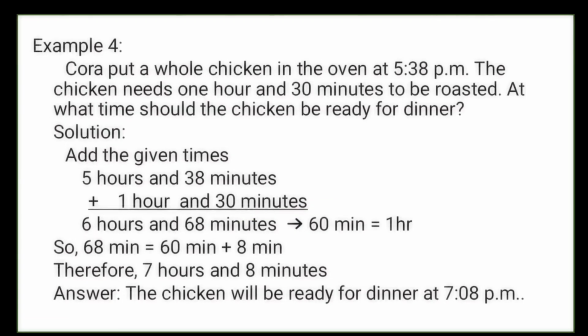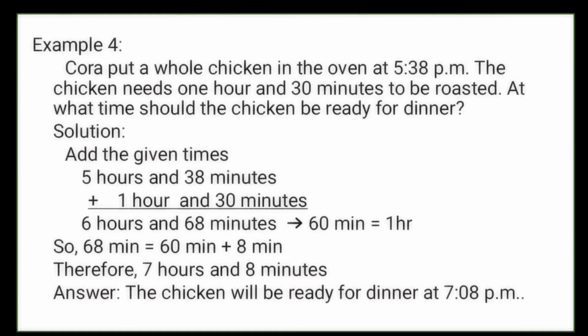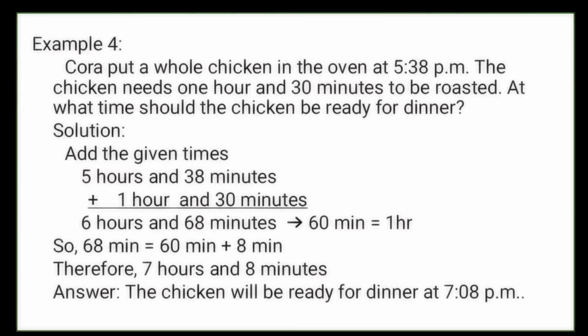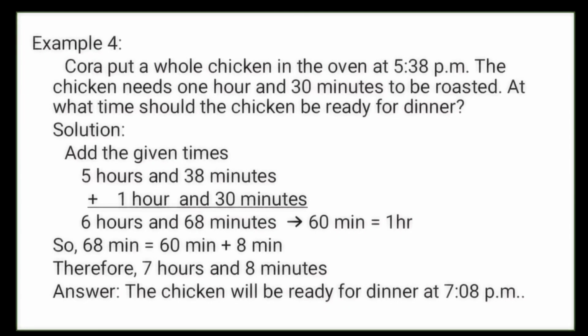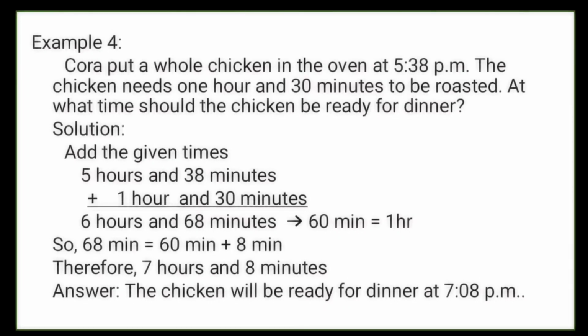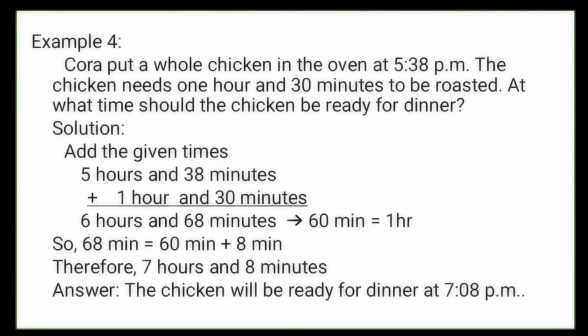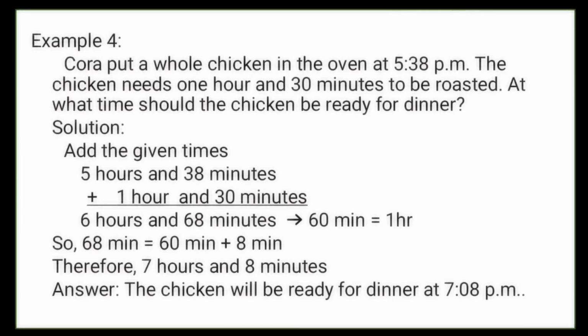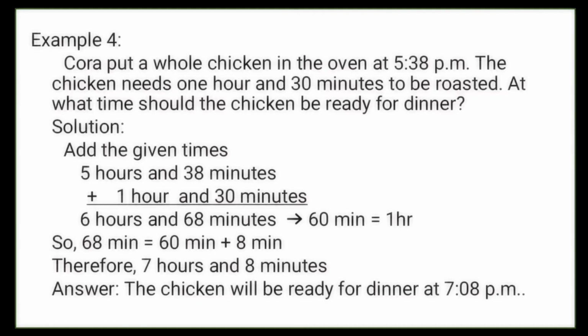Number 4. Cora put a whole chicken in the oven at 5:38 p.m. The chicken needs 1 hour and 30 minutes to be roasted. At what time should the chicken be ready for dinner?